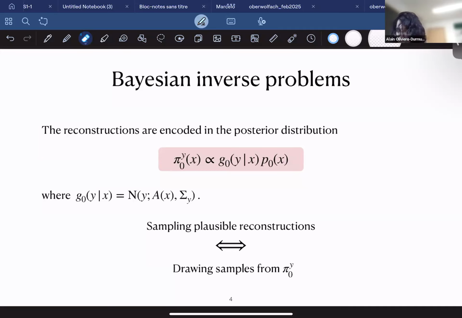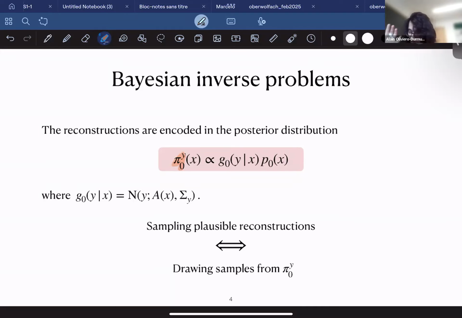So now that I have set up the setting, whether P0 is a generative model or not, the general goal to reconstruct my signal in a Bayesian setting is to sample from the posterior distribution, which is proportional to my joint, which I want to sample from.